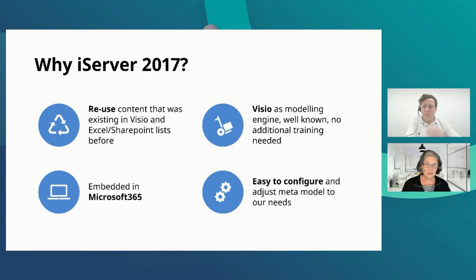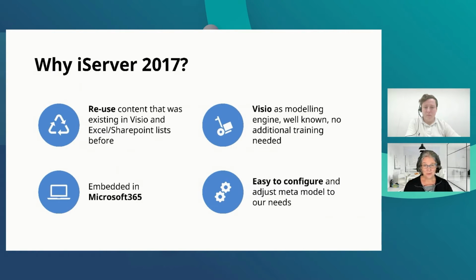On the other hand, most of the architects were familiar with Visio already, and Visio is the modeling engine in iServer, so we were easygoing with that one. It's embedded in Microsoft, so it's nothing weird for many people to also have documents in Word and PowerPoint, but have this repository-based.